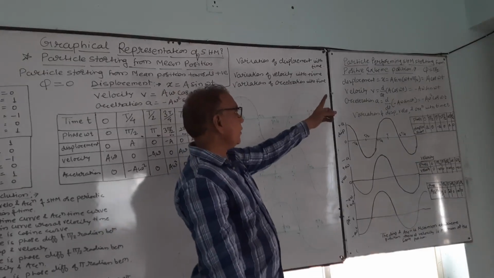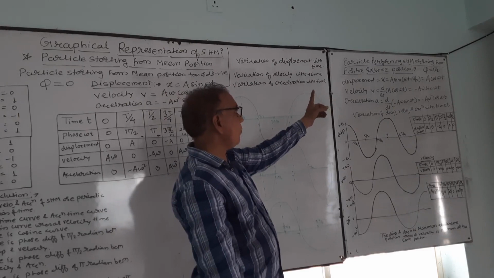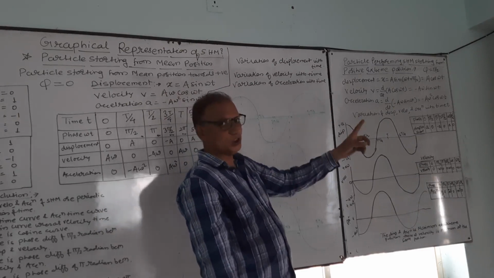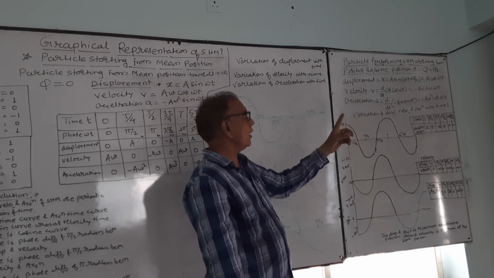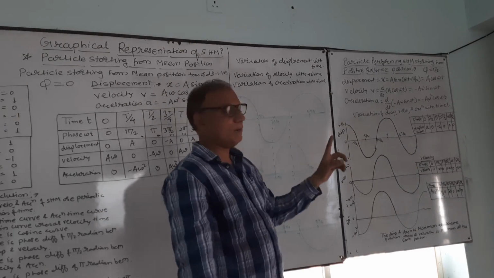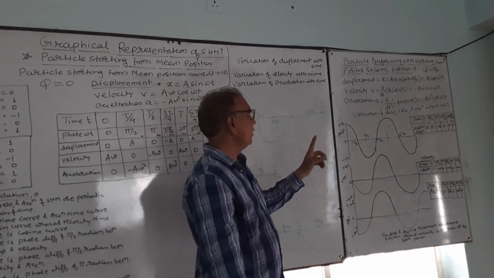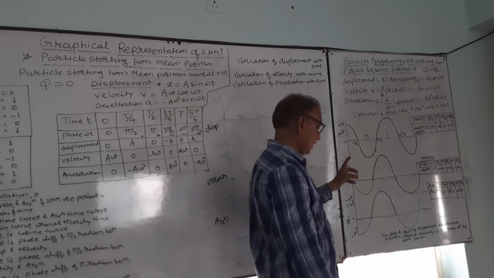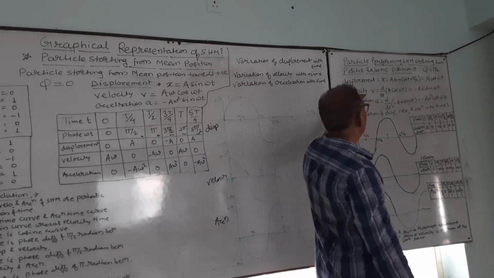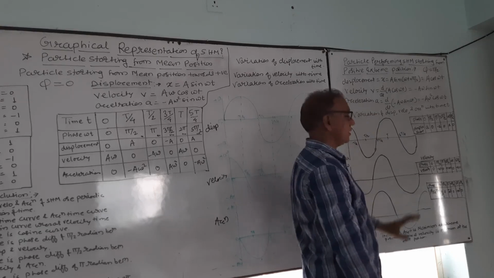Next, when a particle performing SHM starts from the positive extreme position, there are three different equations. First, displacement, velocity and acceleration.